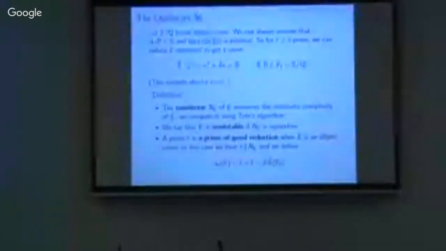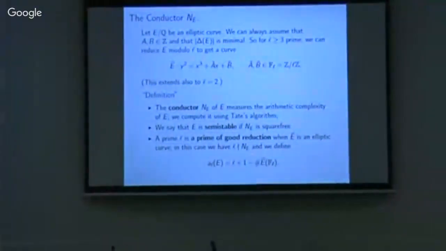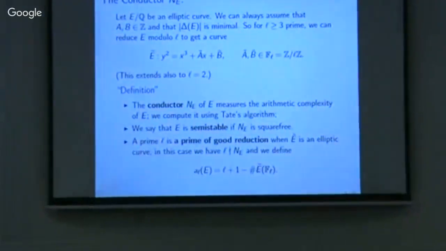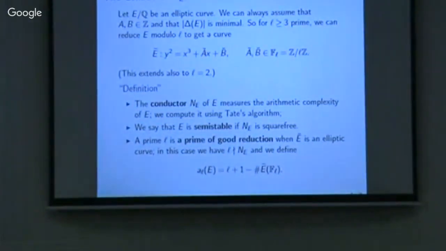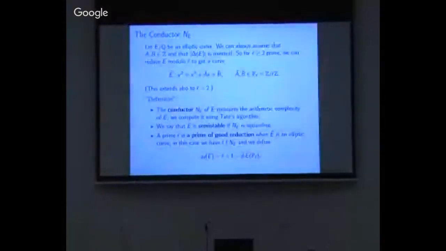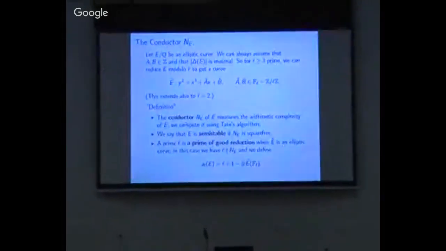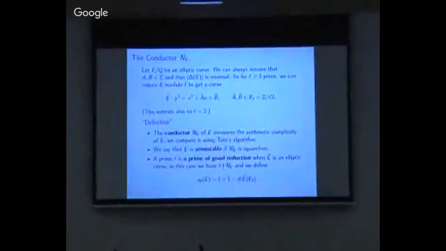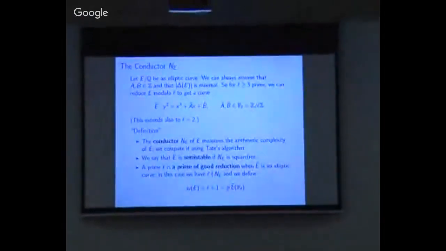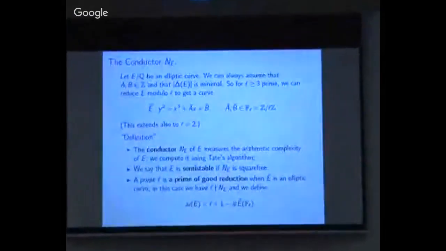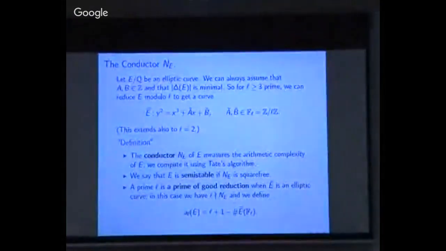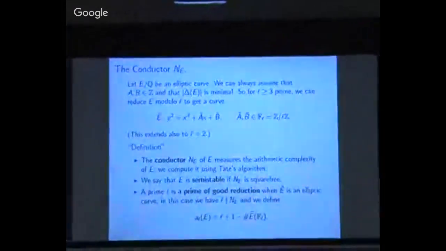And now if we take a prime L, which is called a prime of good reduction, so these are the primes that do not divide the conductor, which are precisely the primes where this equation over the field F_L also defines an elliptic curve. For those primes, we define the following number.